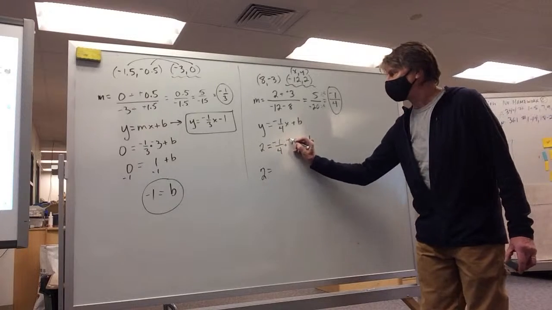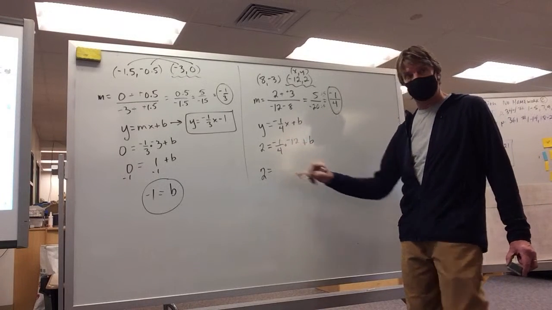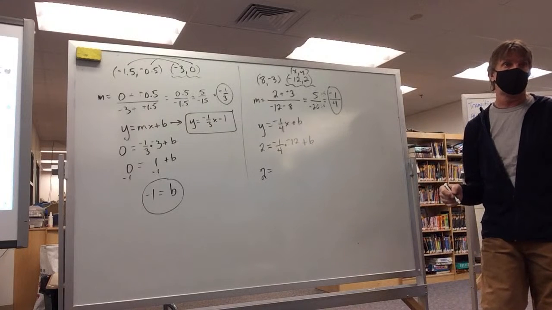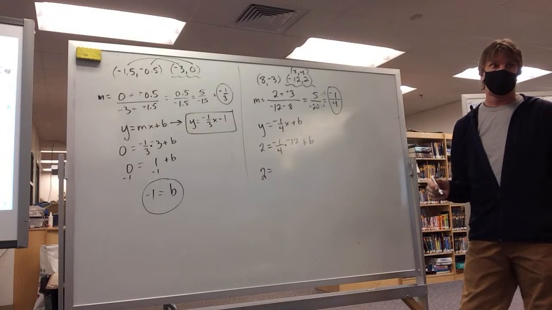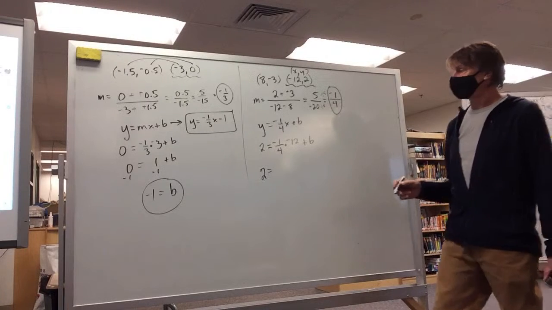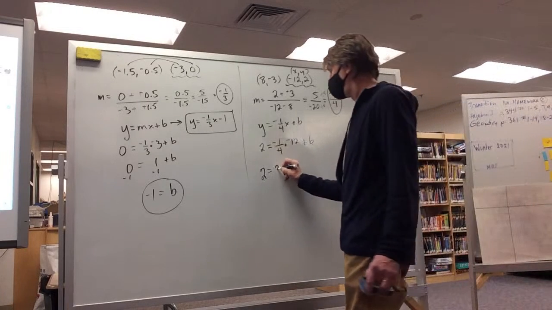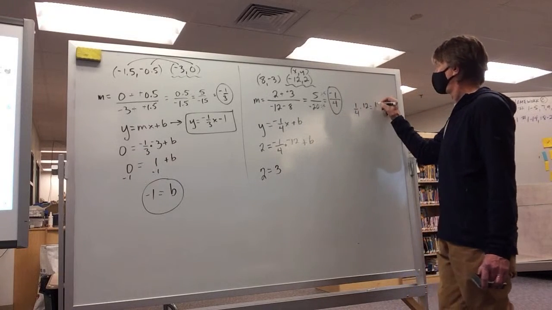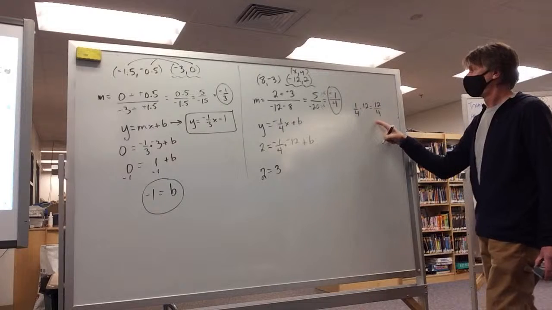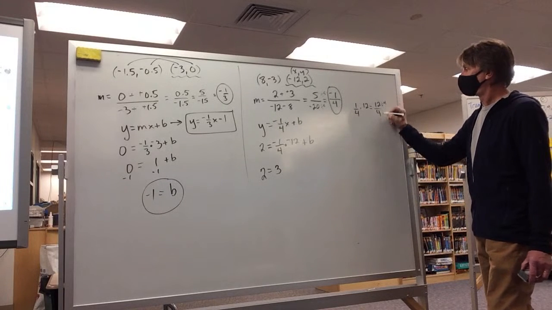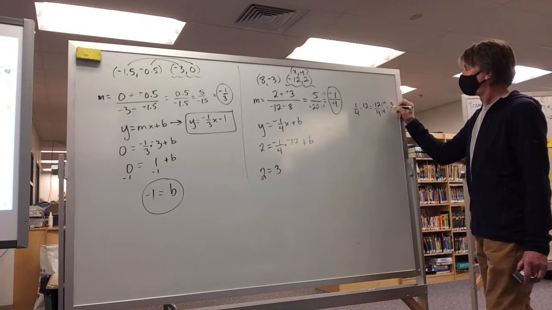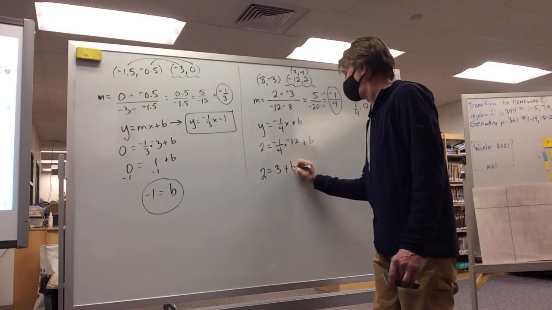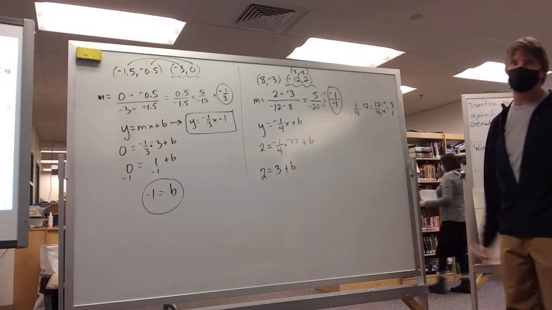And it's a negative times a negative, so that ends up being a positive answer. 1/4 of 12. 3. Plus b. So showing you these steps again.